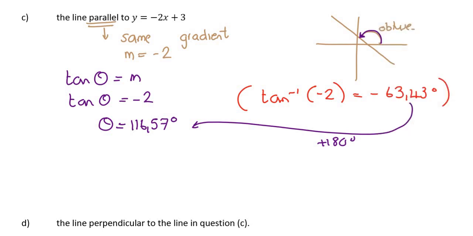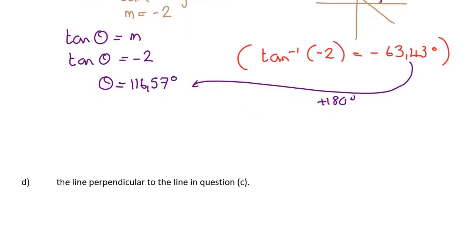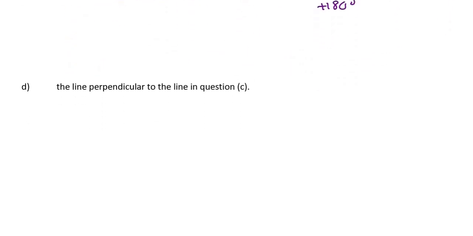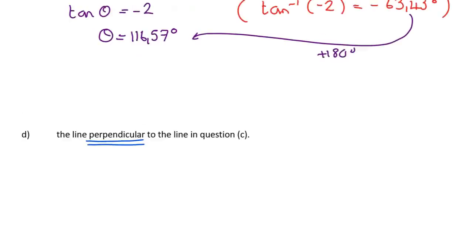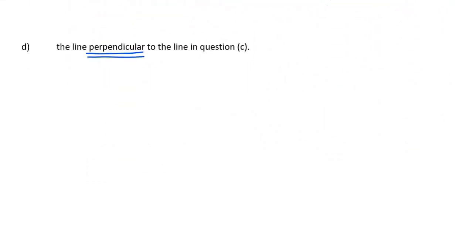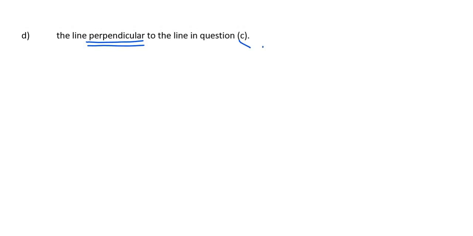Okay, next one says determine the angle of inclination of the line perpendicular to the line in question C. Now, the line in question C, let me just write it down. The line in question C was y equals negative 2x plus 3. Now, there's a couple of ways to do this question.